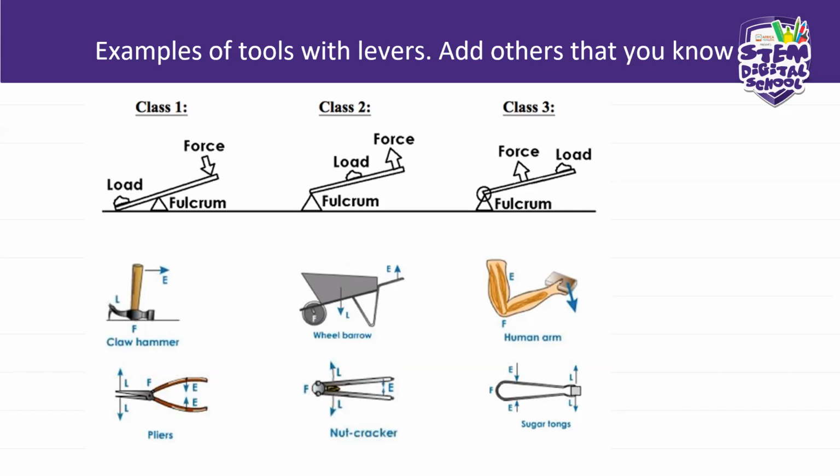Because you cannot use pliers, even scissors, yes, they are first class levers. And they are a combination of two levers. You cannot use one part only. You have to combine these two first class levers to make pliers or to make a pair of scissors. So it becomes a first class lever, right?